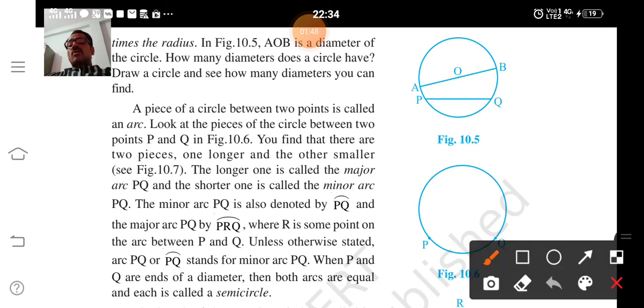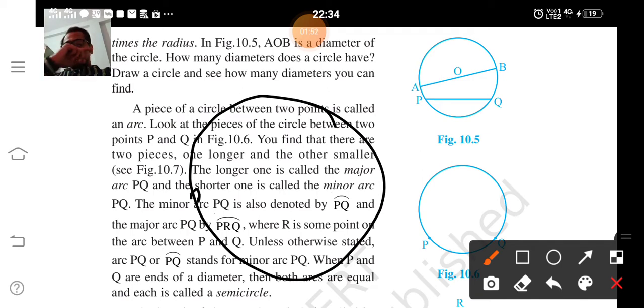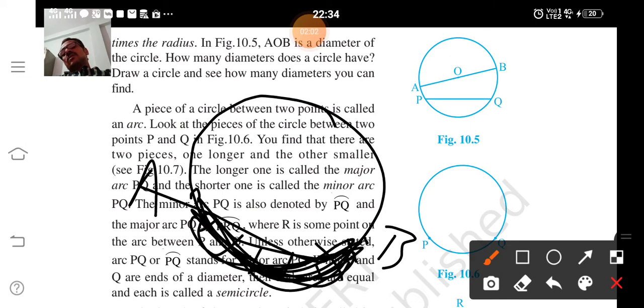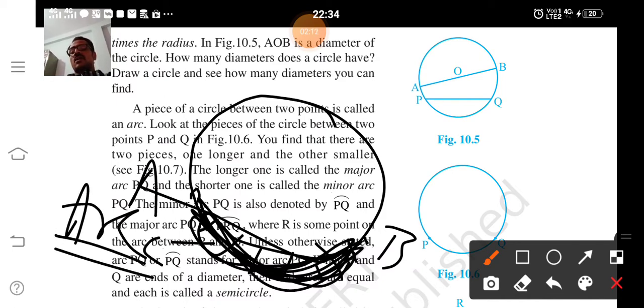Then we have studied about the arc. A piece of the circle joining any 2 points on the circle is called an arc.